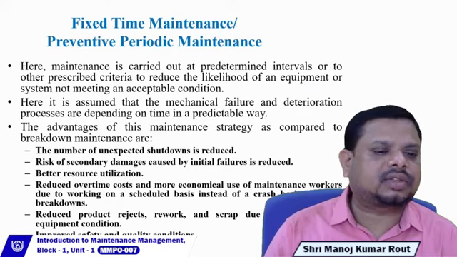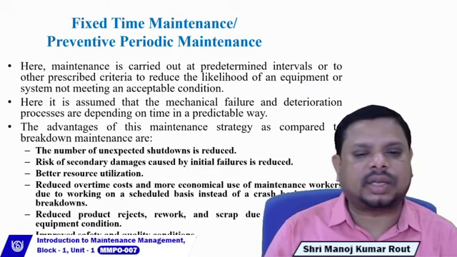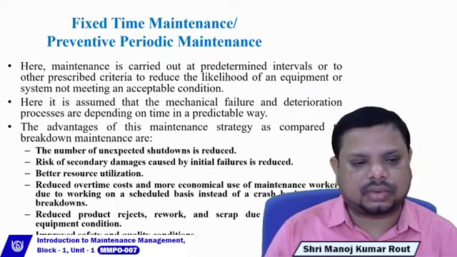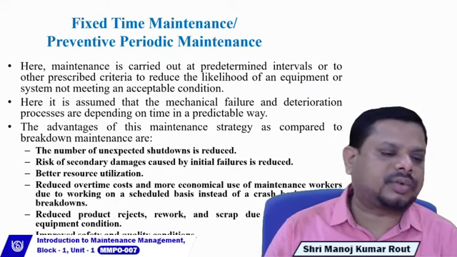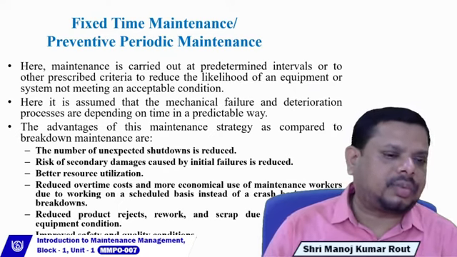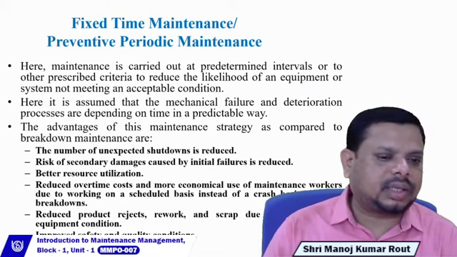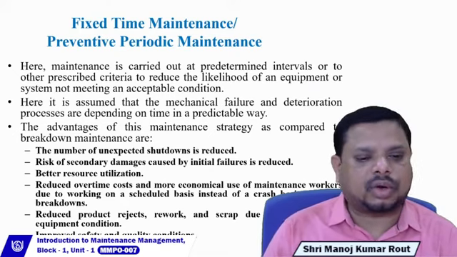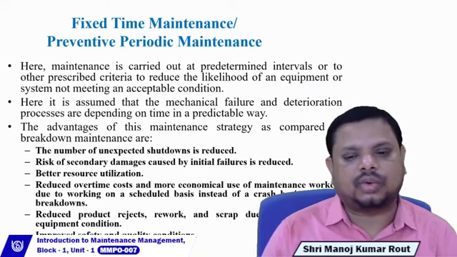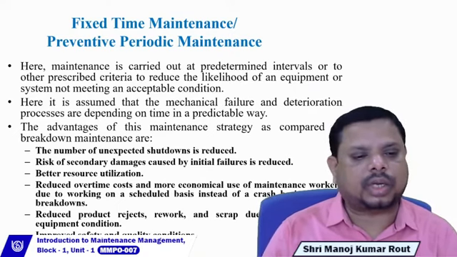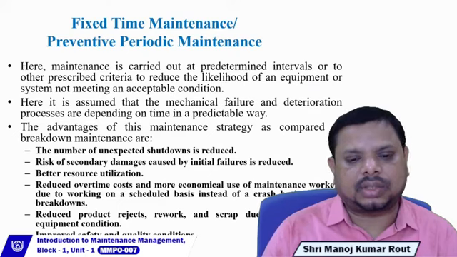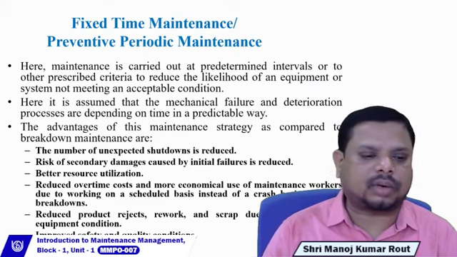The next is that the risk of secondary damage caused by initial failures is reduced. Then best resource utilization, or better use of resources. The next is reduced overtime cost or more economical use of maintenance workers, due to working on a scheduled basis instead of a crash basis to repair breakdowns.